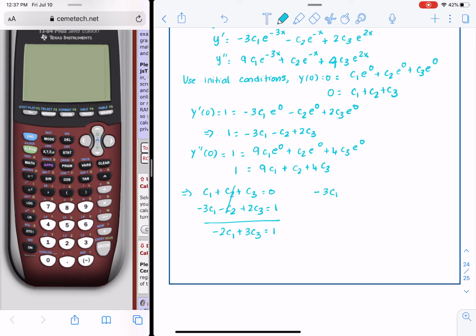Negative 3c1 minus c2 plus 2c3 equals 1. 9c1 plus c2 plus 4c3 equals 1. When we add, we have 6c1 plus 6c3 equals 2. Perhaps I'll divide by 6 on both sides, have c1 plus c3 equals 2 over 6, which is 1 over 3.